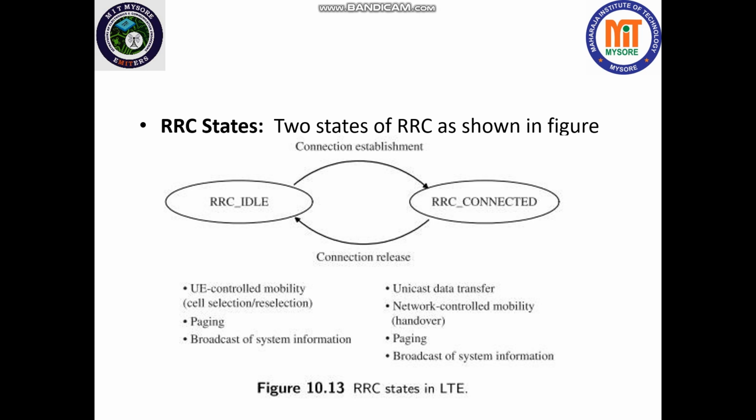In the idle state, your mobile equipment will be continuously transmitting its location in the particular area and its authentication information to the eNode B, and eNode B will be communicating some essential information, just like signal strength.